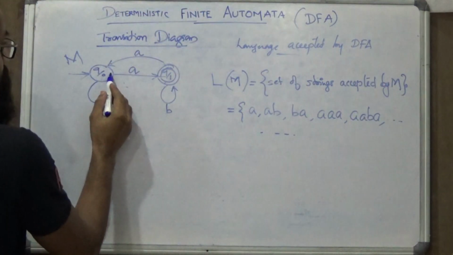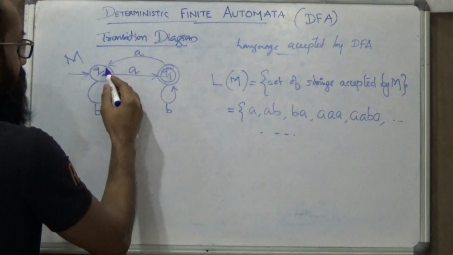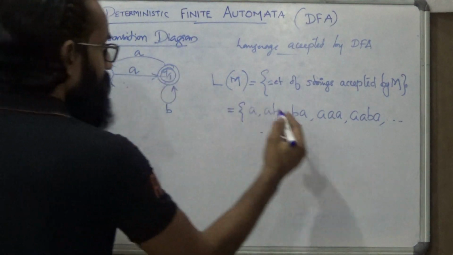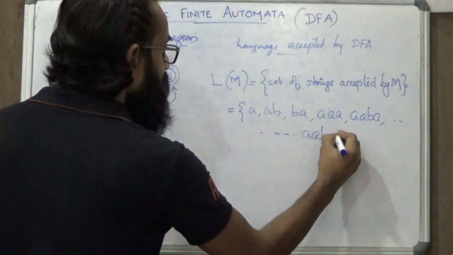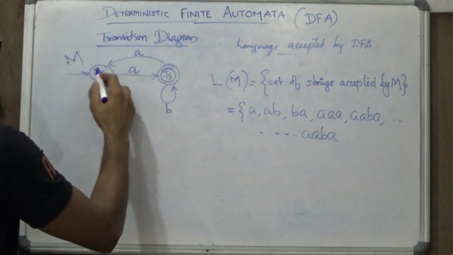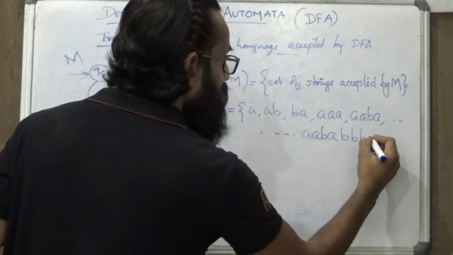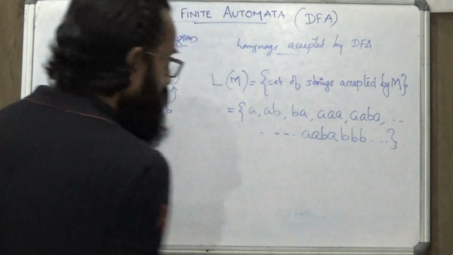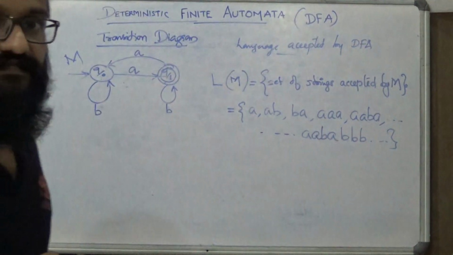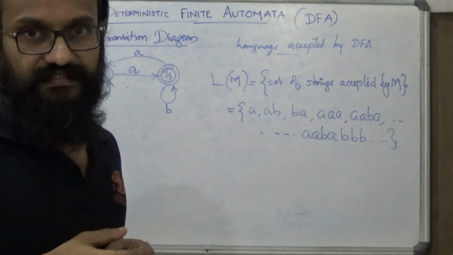Again, if I consider another string A, B, A, B, A, B, etc. So this machine actually accepts an infinite number of strings.